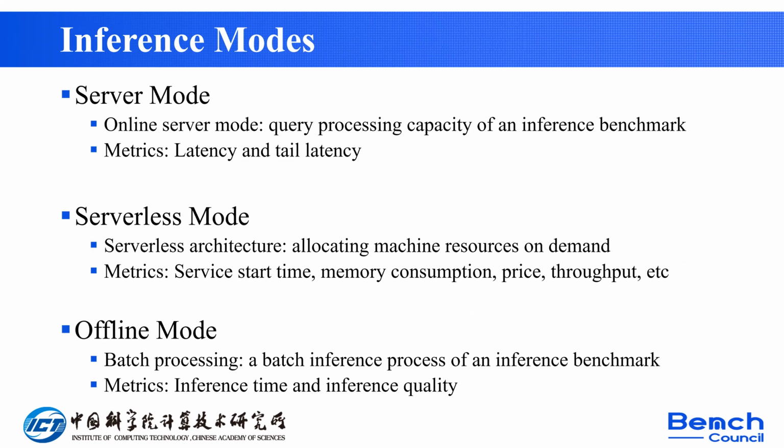The serverless mode is loading machine resources on demand. The metrics are the server start time, memory consumption, and throughput. Finally, the offline mode is based on batch processing of an inference benchmark. The metrics are inference time and inference quality.